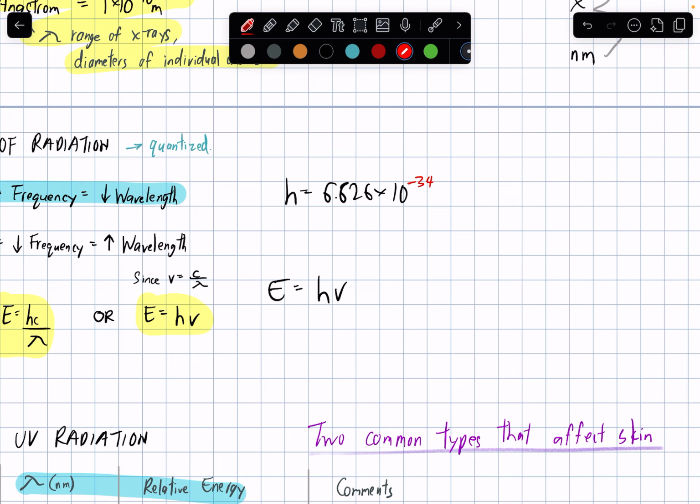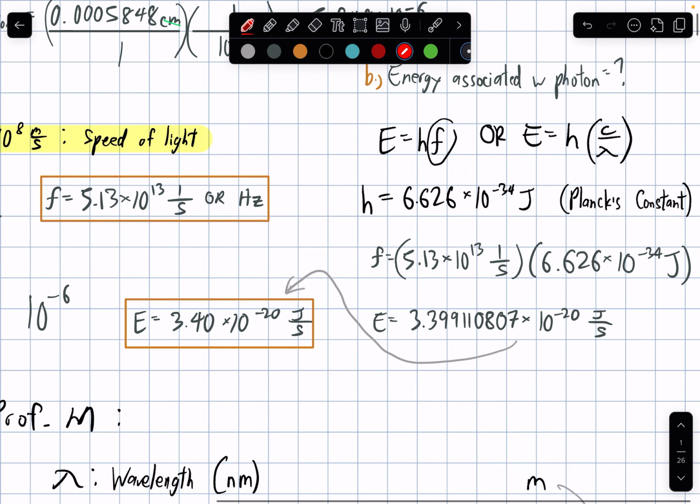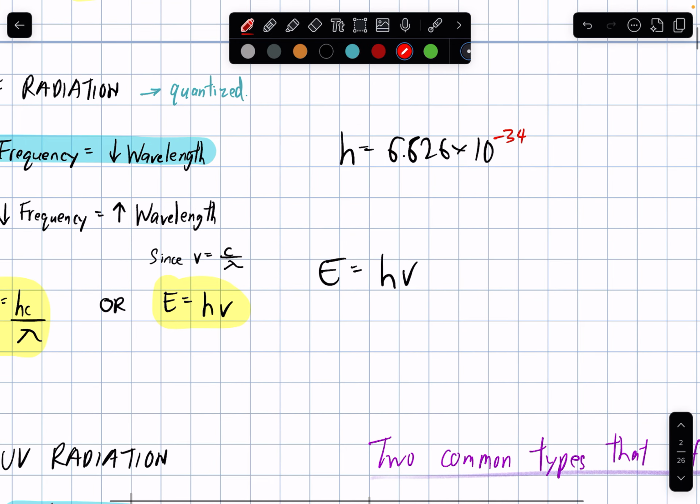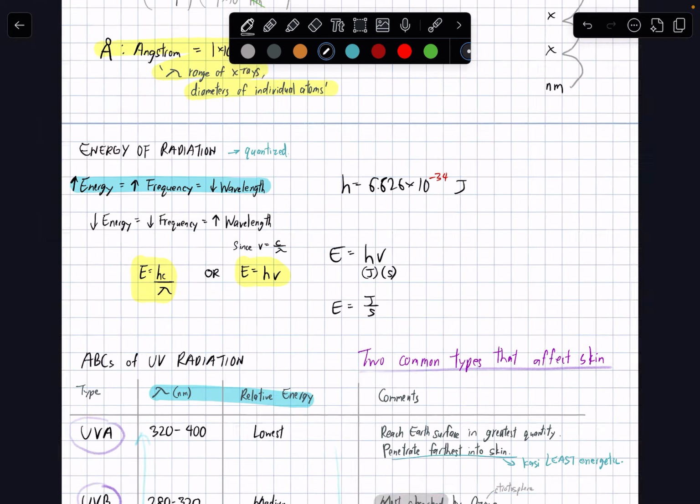And I believe the unit is in joules. So when you multiply, joules times seconds, that's going to be joules over seconds. That is the unit for energy.